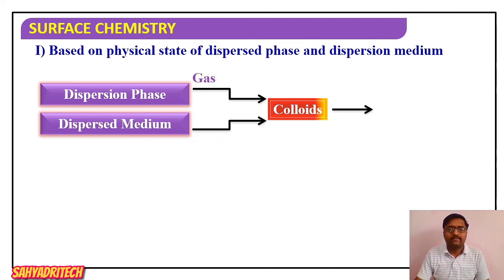Now, if gas is the dispersed phase and liquid is the dispersion medium, then the resultant colloidal system is called foam.